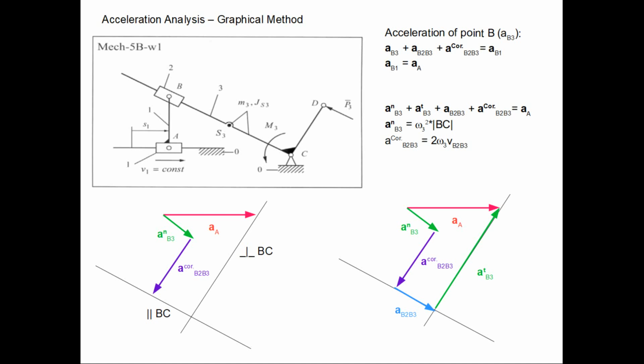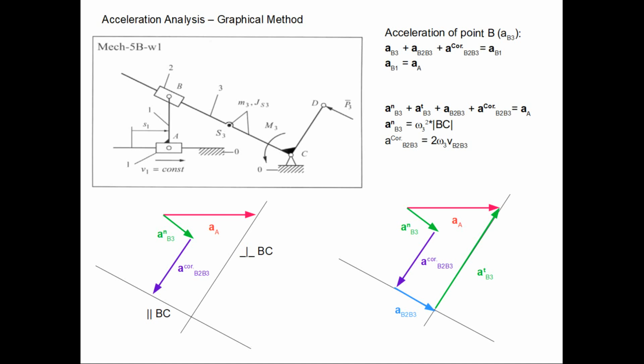So we can start drawing our vector diagram. We start with AB1. AB1 is equal to AA, and this is given to us, so the resulting vector is known, and we have to start from the end of this vector to draw the vector sum.